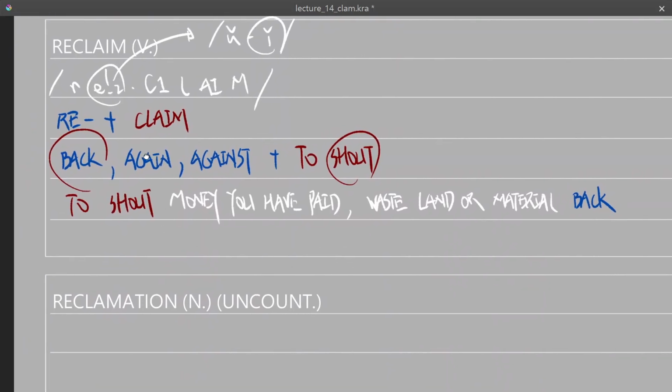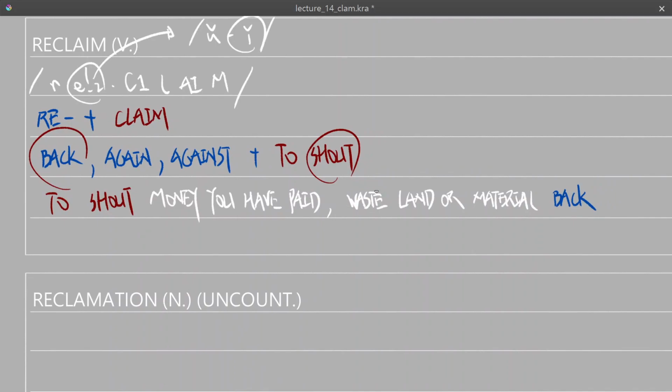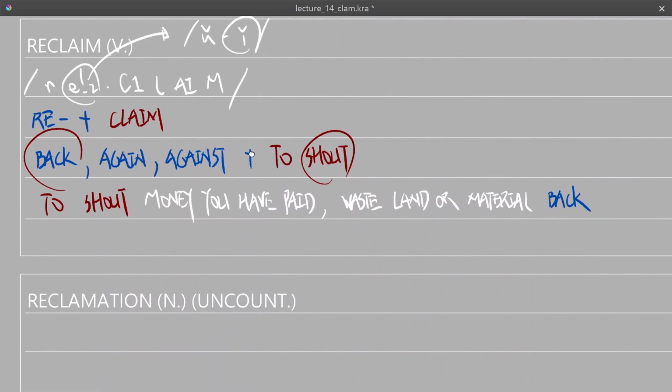So to shout money you have paid, or wasteland or material back.